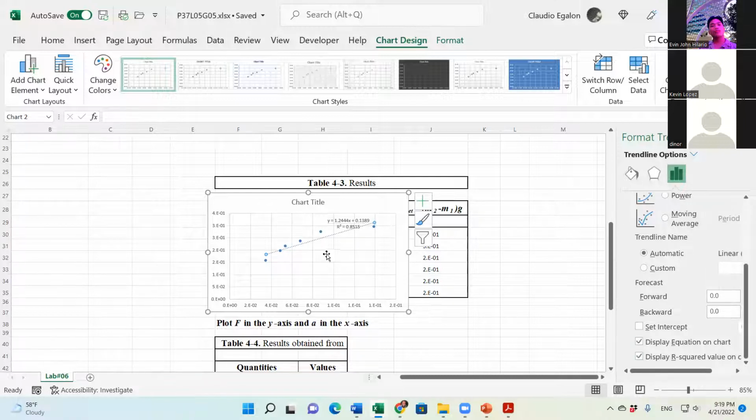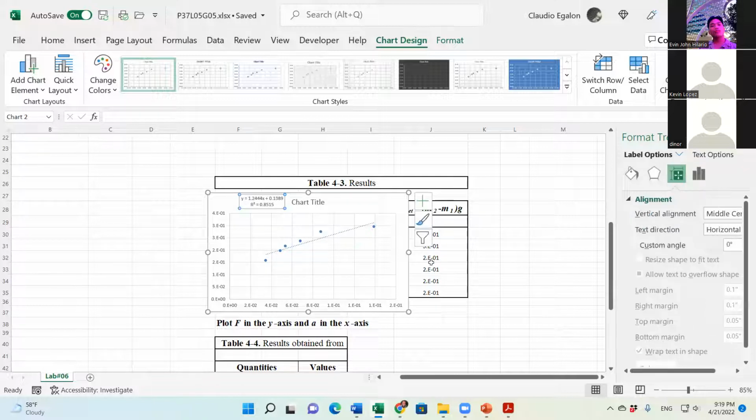Display R square on chart. Did you do that? I'm getting 0.8515 for R square. Oh, okay, I see it. So you were able to plot to get R square there, right, in your spreadsheet? Yes. Okay.